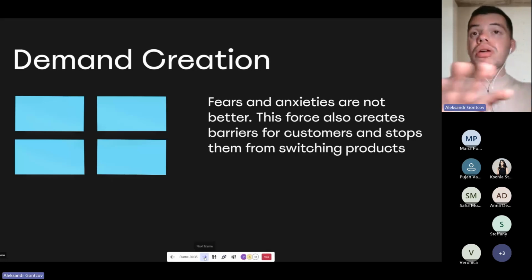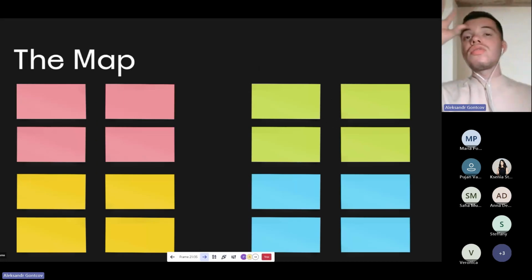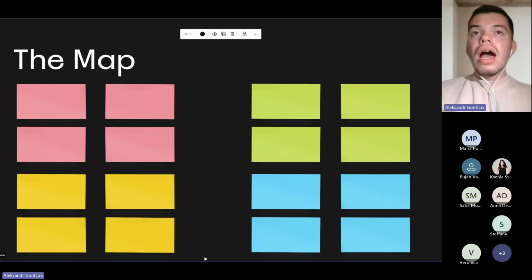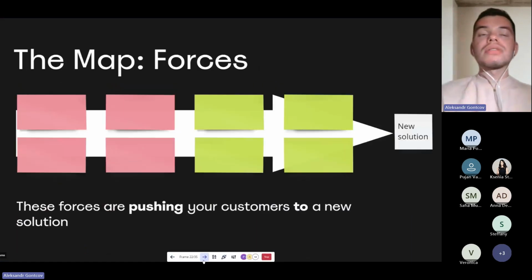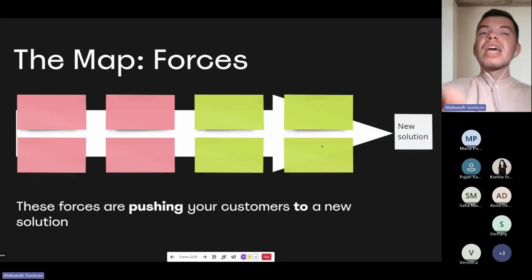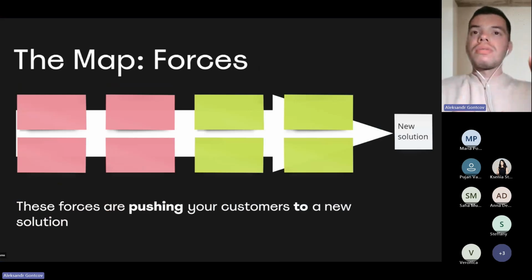The map is pretty simple. It's just four quadrants where we put disadvantages of rivals, advantages of us, habits of customers and their anxieties. How does this map really look? So again, as we have discussed, disadvantages of rivals and advantages of our products push customers to our solution.